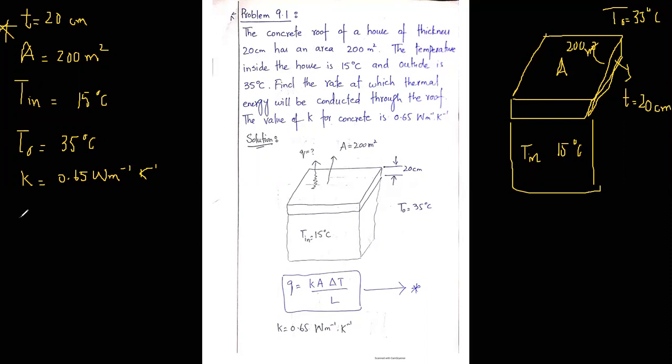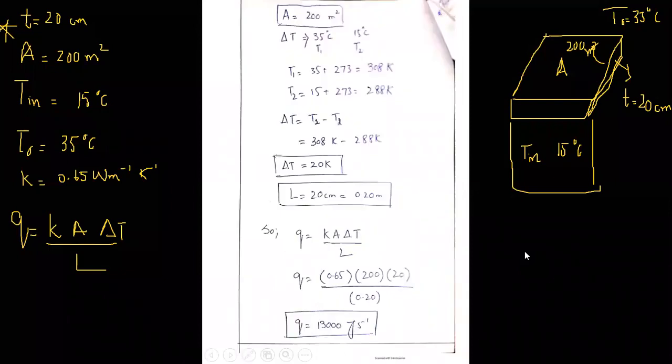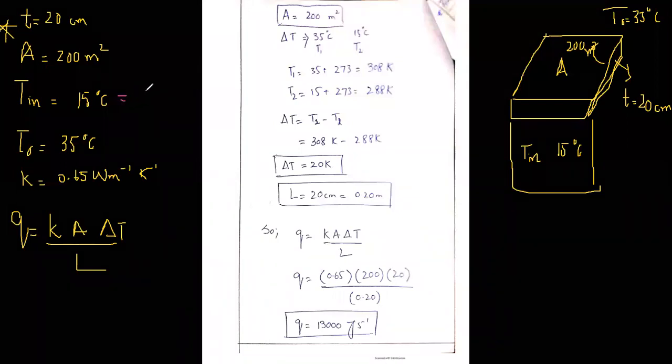Now we have to find the conduction. Q equals K A delta T by L. First we have to convert 15 into Kelvin, which is 288 Kelvin, and the other is 308 Kelvin.